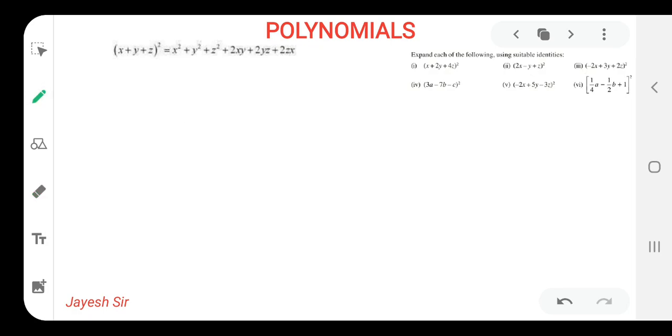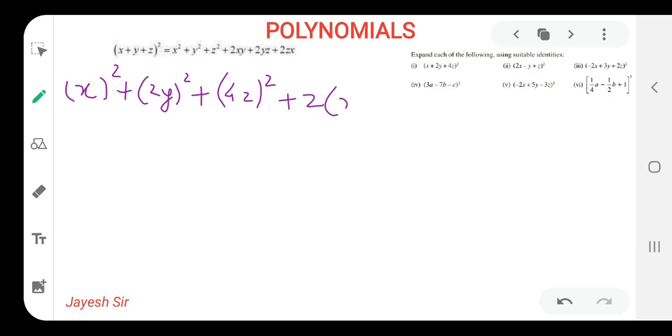Yes, the value of x is x as it is, so x square plus y square, but the value of y was 2y, so 2y square, plus the value of z is 4z, so 4z square, plus now we just have to put the values of x and y in this 2 as it is. The value of x is x and the value of y is 2y. Similarly for the 2 as it is, y plus z: y means 2y, and z means, what is the value of z friends?